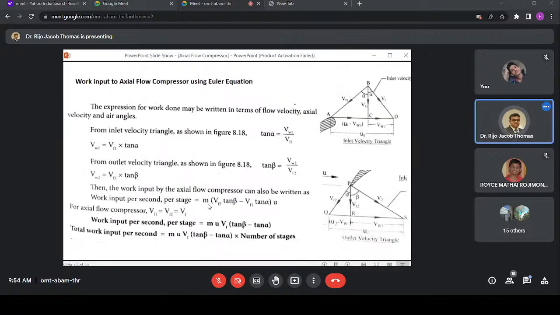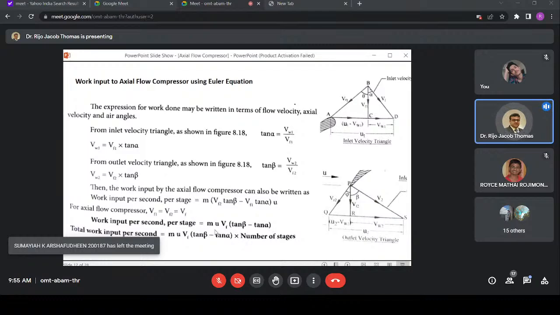That's what you have done here. So this is M into (VF2 tan beta minus VF1 tan alpha) into U. And VF1 is equal to VF2, because we have seen that the flow velocity is the same. So that is Vf, you can take it out. So basically work done can be M into U into Vf, flow velocity, into (tan beta minus tan alpha).